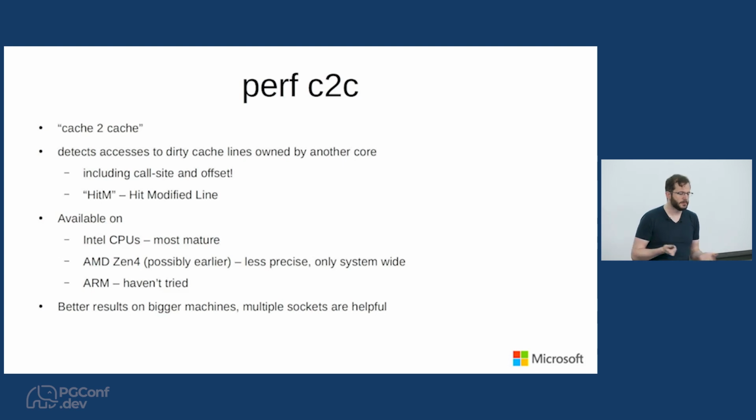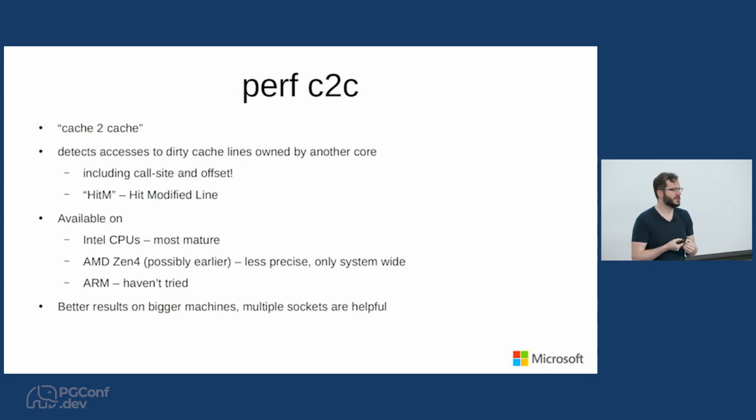What is perf c2c? It's a tool that detects, or counts, cache-to-cache accesses. What it really tries to find is when you access a cache line, and that cache line currently resides in a different core or in a different CPU socket, and is currently modified.